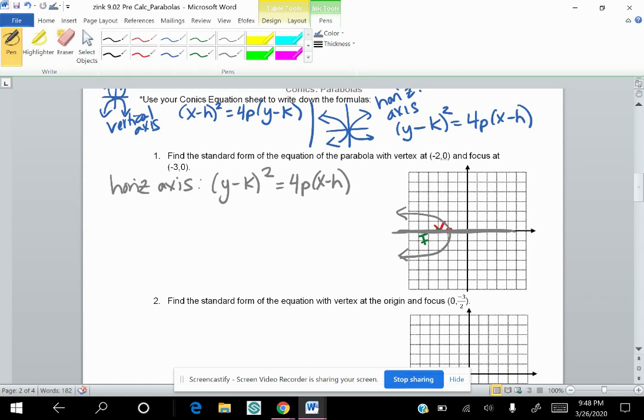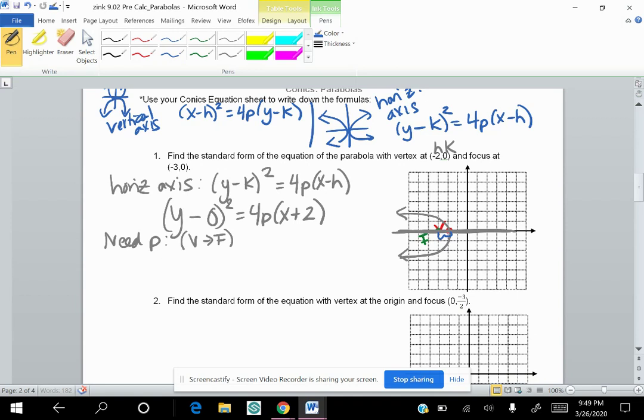So what do I know so far? Well, I know that my vertex is h and k. So I know y minus 0 quantity squared equals 4p times x minus negative 2, which is x plus 2. So the only thing I really need for this is I need p. So we know p is the distance from the vertex to the focus. So if I go to my graph, I can find that right here.